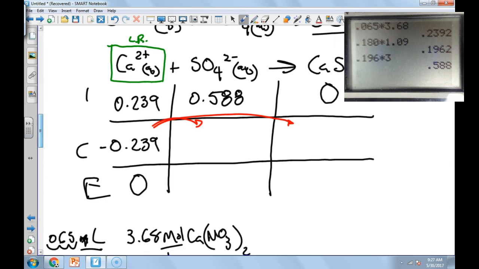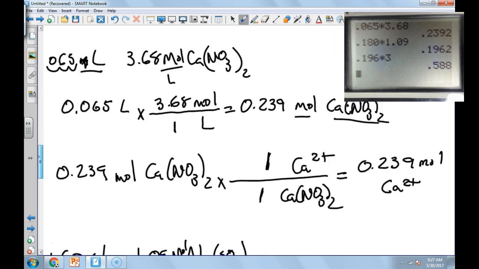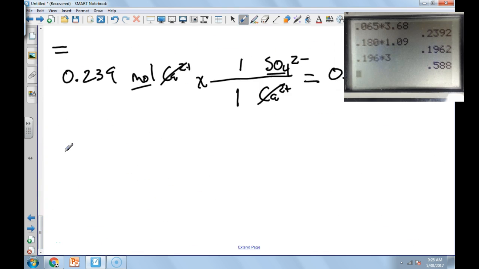So we come up here and we're subtracting 0.239 moles of sulfate. Now, how many moles of this are we going to make? Well, some of you, maybe even more of you, have figured out the answer, but again, for completeness, I'm going to do the math here.